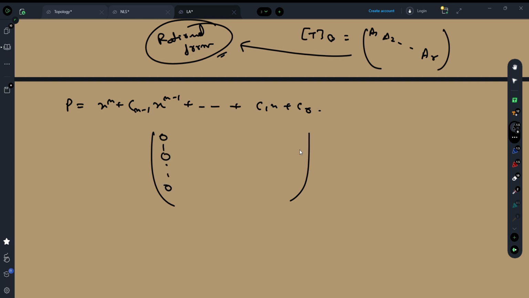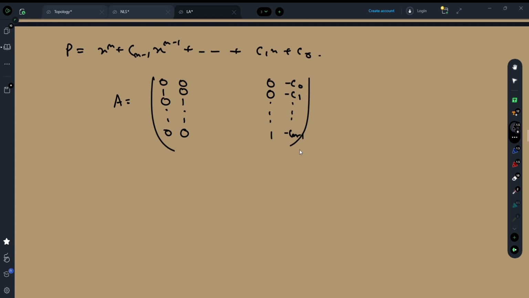So it's very simple. You have just 0, 1, all the other elements are 0 here, then you have 0, 0, 1, and the rest are 0. It continues to the second last column, but the last element is 0, and the last column consists of these coefficients. So it's minus c0, minus c1, and so on, till minus c(n-1), right? So suppose this is A. Then what should be the matrix xI minus A?